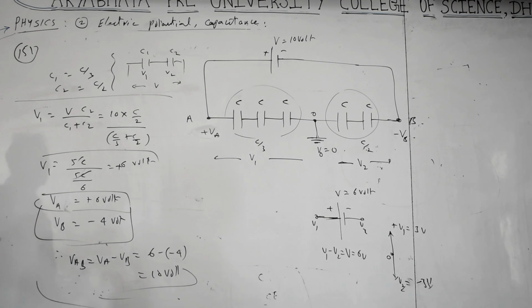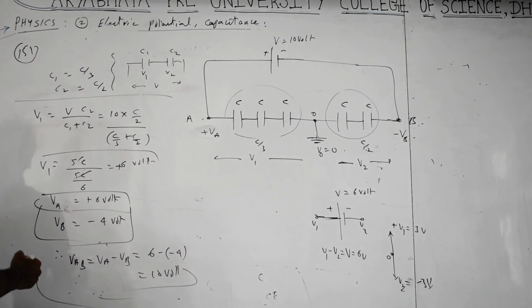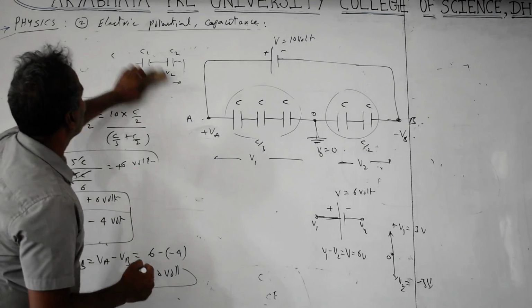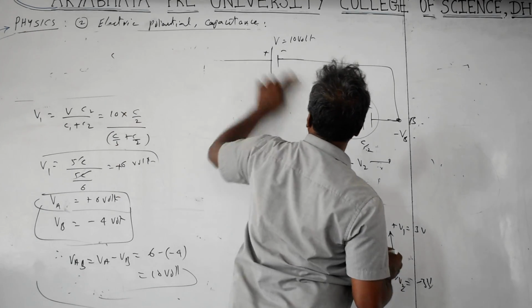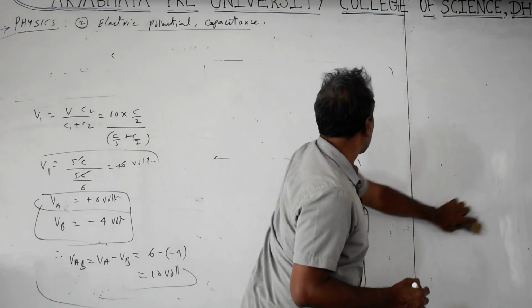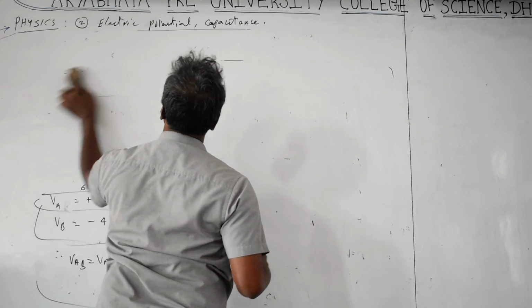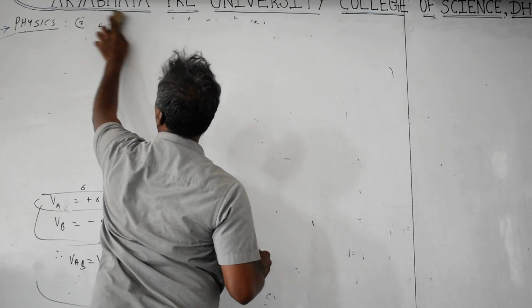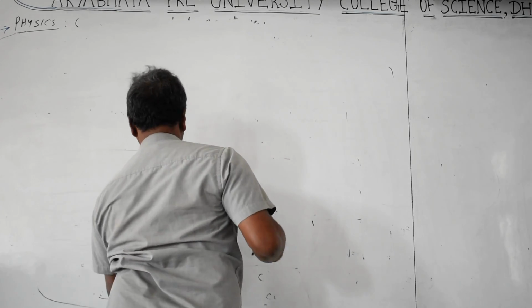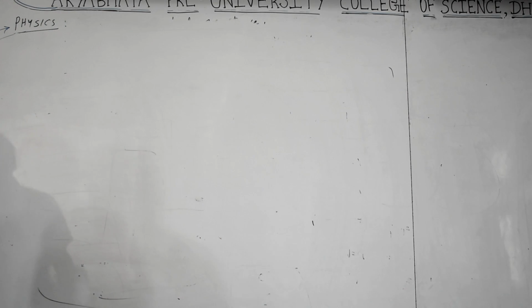So the options are 6 and minus 4 at A and B. They ask for a single point, the voltage here with respect to O. Next is 152.